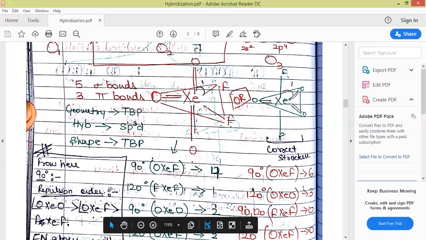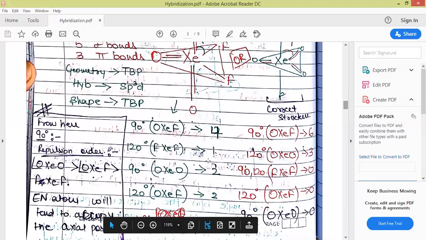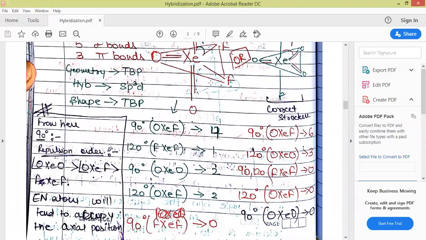So in this molecule there are 4 OXeF angles, 1 FXeF angle, and 2 OXeO angles. We are considering just the case of 90 degree angles.